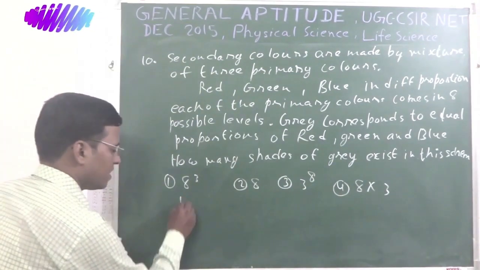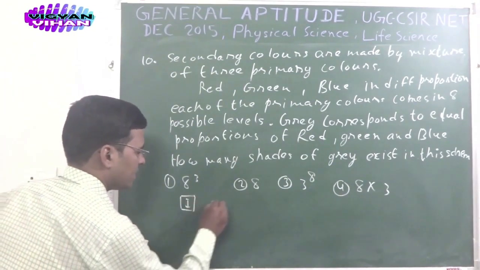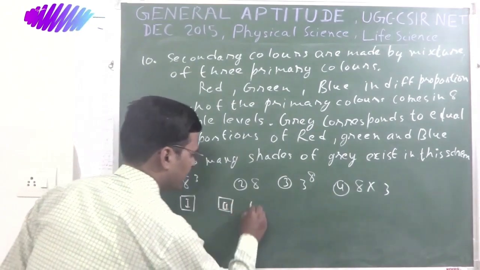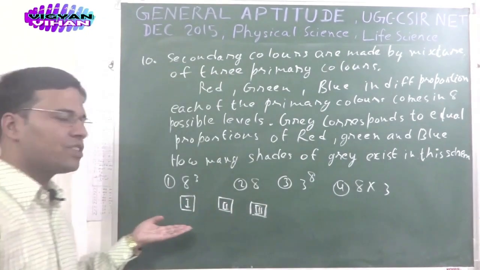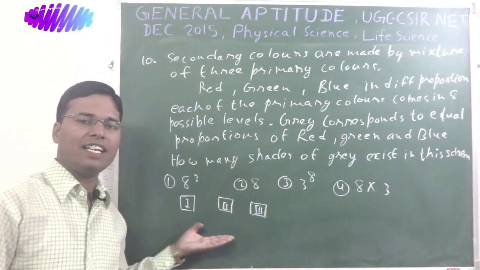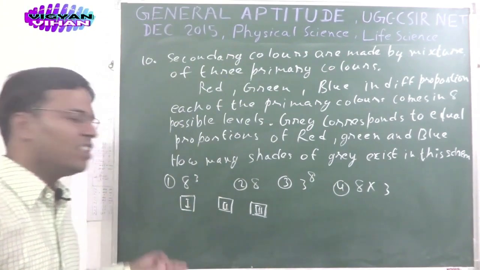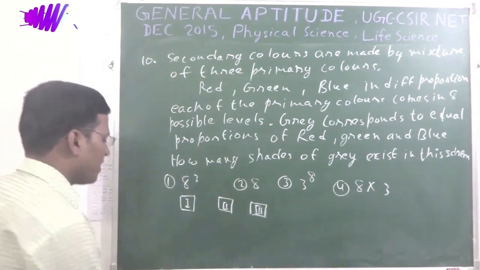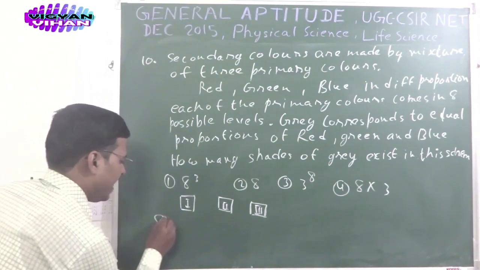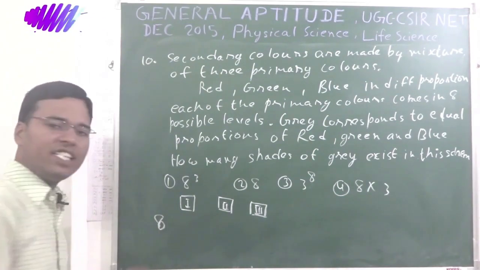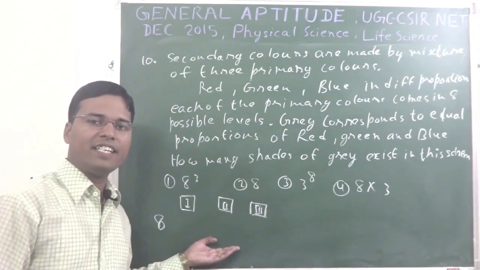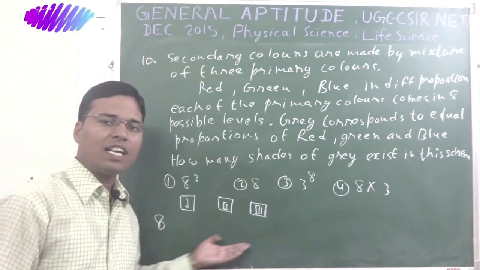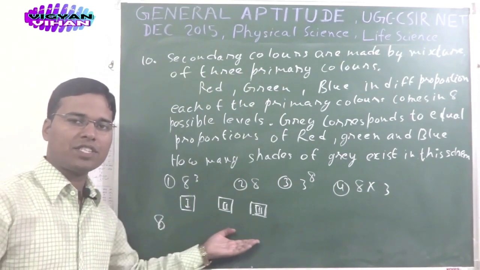Every color, the first color, the second color and the third color, comes in 8 levels. So if every color has 8 levels, then for any level we can get 8 different levels. For any level we are limited to using all colors in the same proportion.